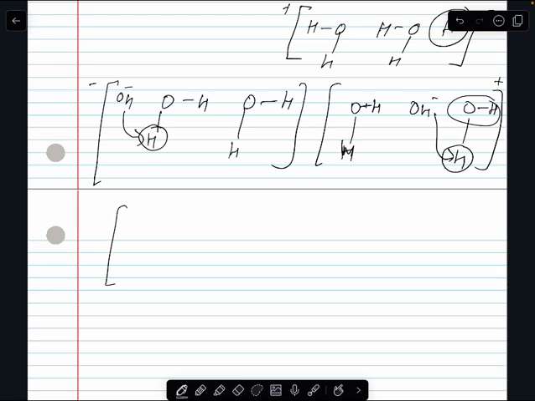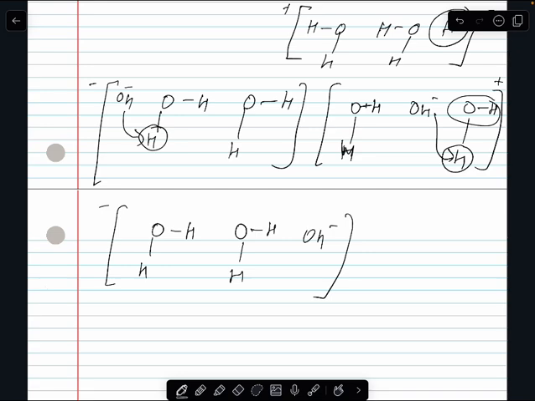As a result, you can see that the OH minus ion, which earlier was toward the negative electrode, is now moved towards the positive electrode because of this proton jump. So this is the reason why H plus and OH minus have exceptionally high conductivity.